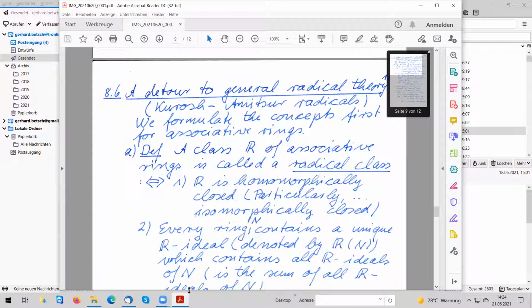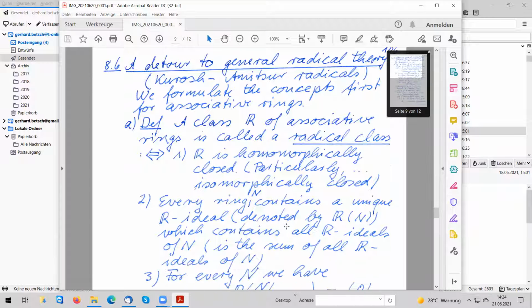Every ring N contains a unique R-ideal, an ideal which belongs to the class R. We denote it by R(N). You may call it the R-radical of N, which contains all R-ideals of N. You might also say it is the sum of all R-ideals of N.